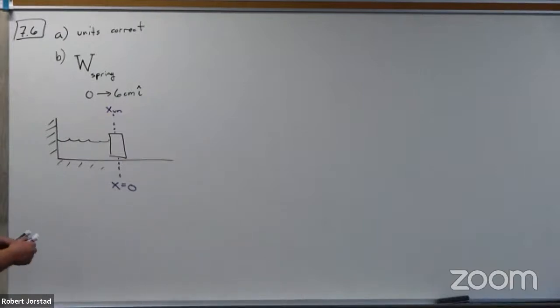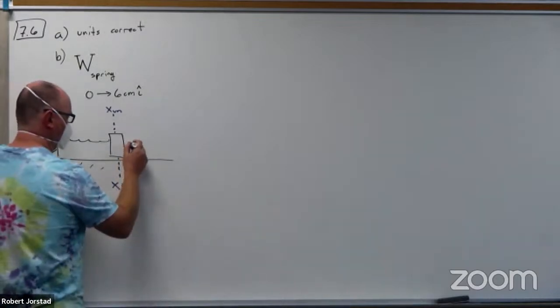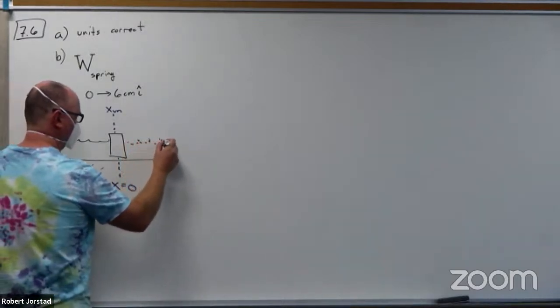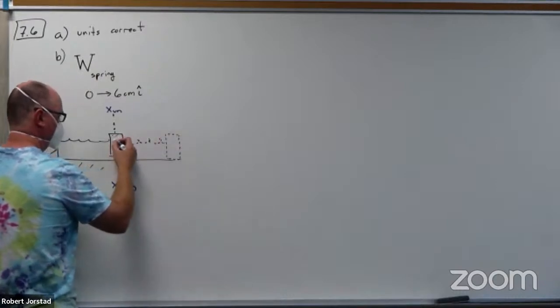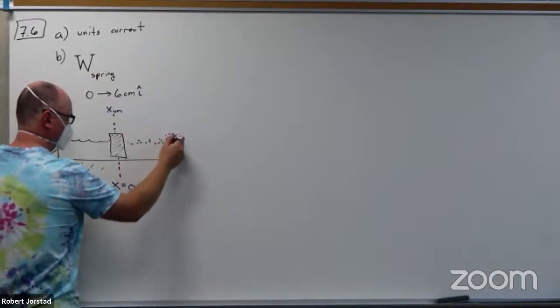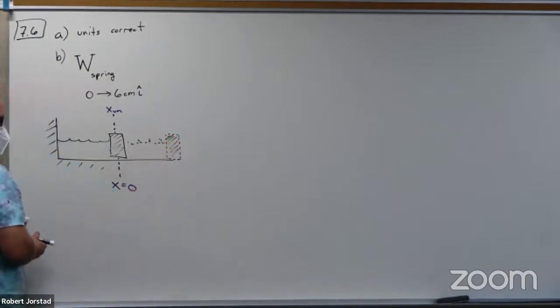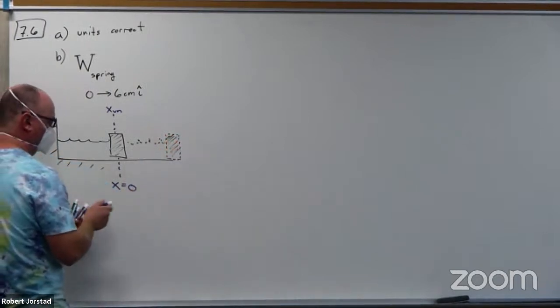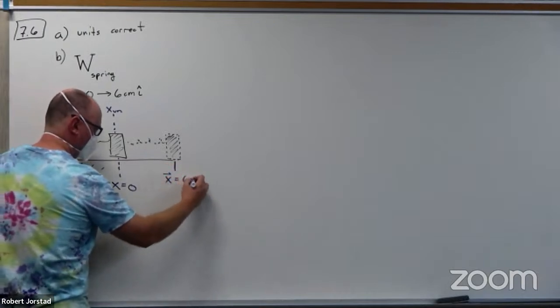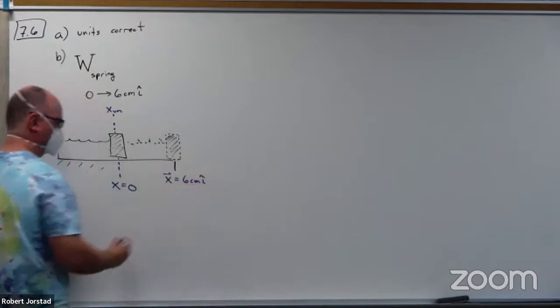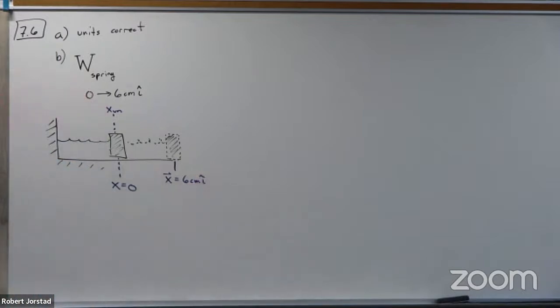Now my goal is to stretch it and go over to here. And in this case, I want x final to be 6 centimeters in the I hat. Okay. I need the work done.